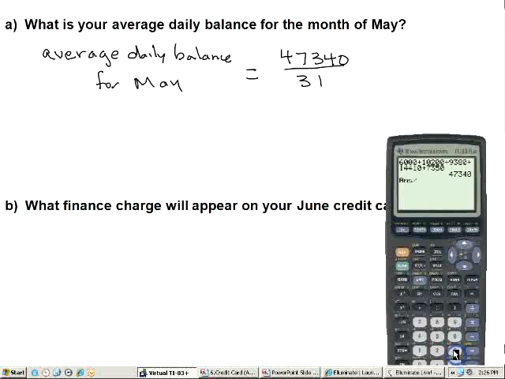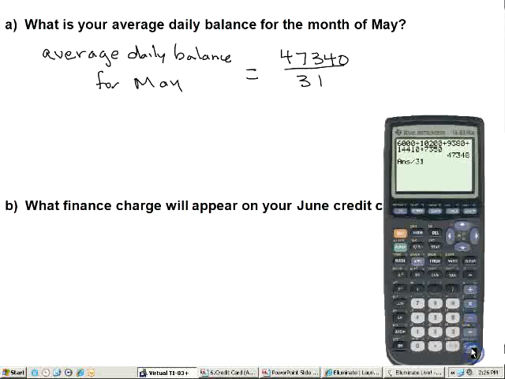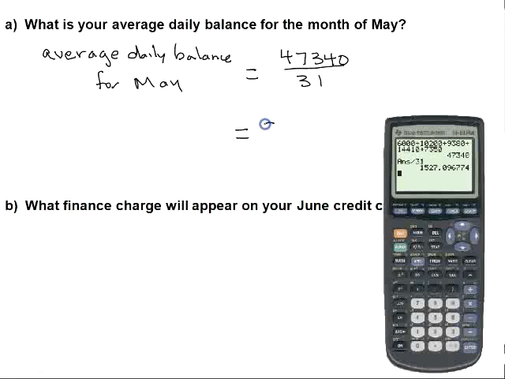This is the total of that last column divided by 31 days. So the average daily balance for the month of May is going to be $1,527, and if we round this to the nearest cent, 10 cents.